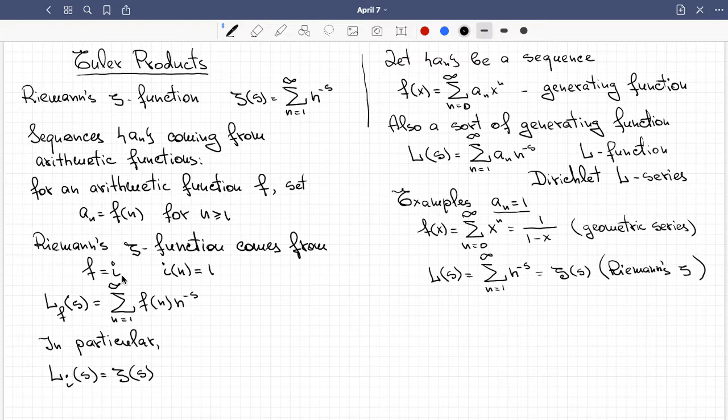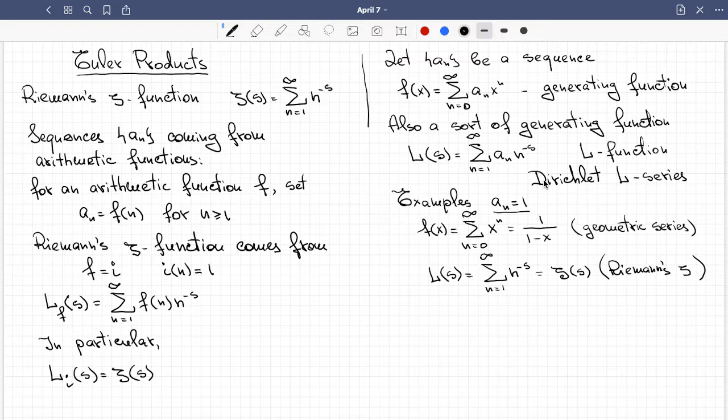And these L functions are especially interesting when the arithmetic function is multiplicative. Remember, last time, all arithmetic functions which we consider are multiplicative.